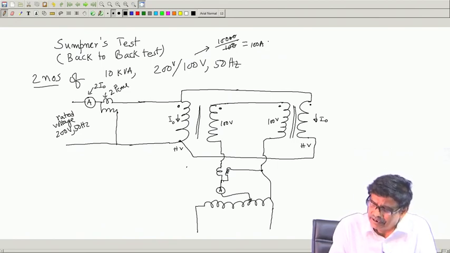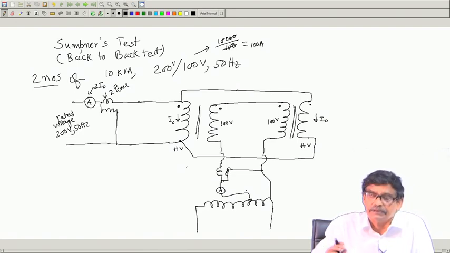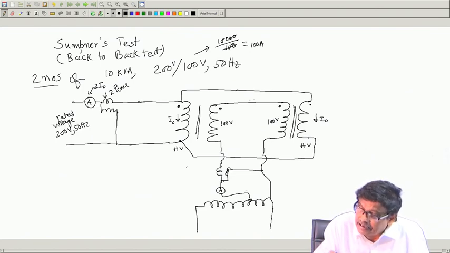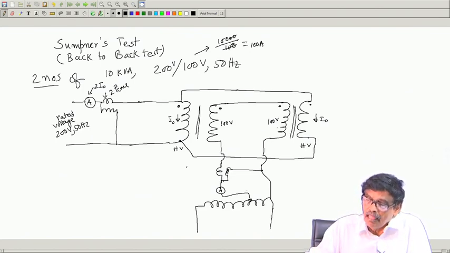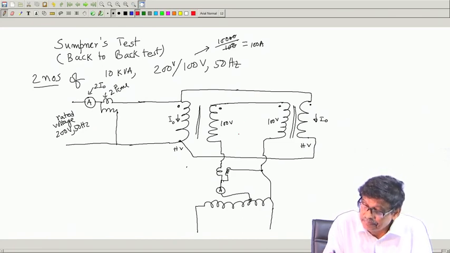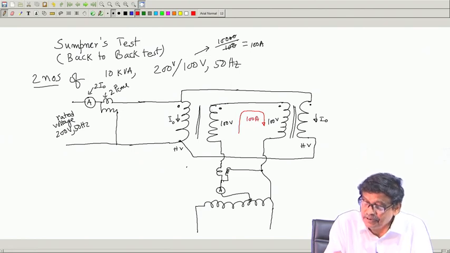Anyway, 100 ampere, for understanding we are doing. So, I will apply such a voltage that 100 ampere flows here. But the moment 100 ampere flows, suppose this way, 100 ampere is flowing this way.